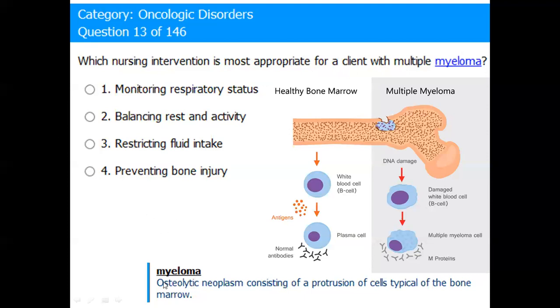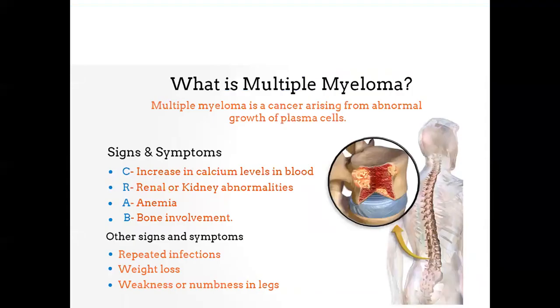So let me read what is myeloma. It is an osteolytic neoplasm. Osteo means bone cell. Neoplasm means cancer, consisting of the proliferation of cells, typically in the bone marrow. So in this picture, you can see these are the bones, this is bone marrow.